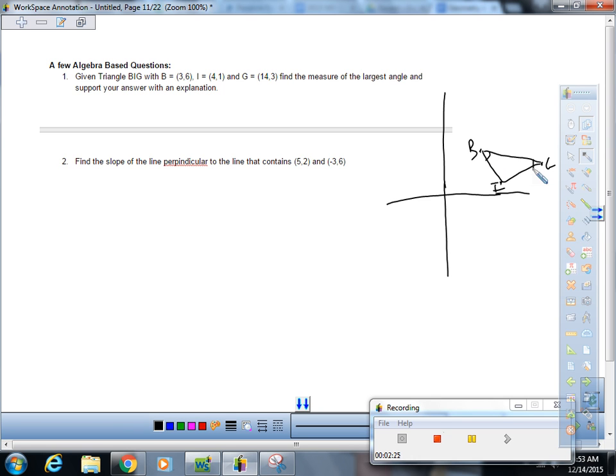So obviously that leads us to angle BIG, and to confirm this, we can find the slopes of BI and GI, and using the slope formula, we can find out that these two will result in a right angle, which would make these two 45 degrees, thus making this a larger angle.